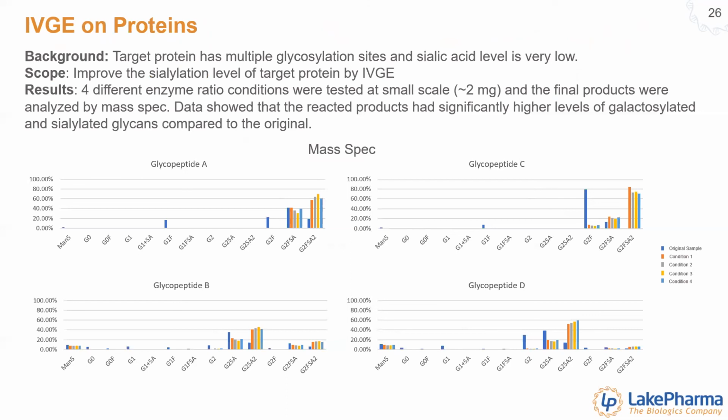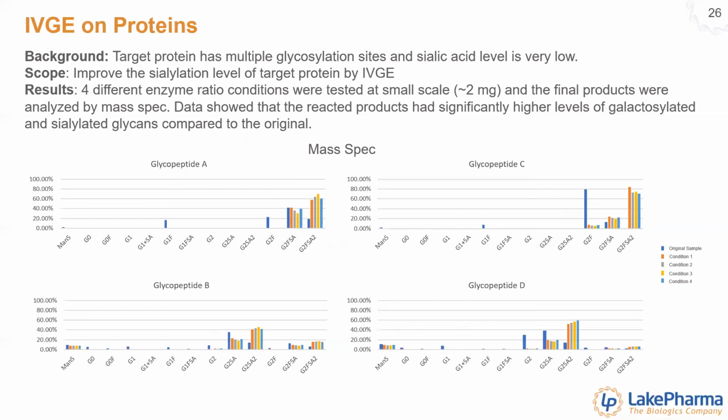But after the IVGE reaction, the resulting species are much clearer. They're either G2FSA or G2FSA2. So with this peptide, the IVGE enriched the sialic acid content and made the species cleaner. Instead of 4 major species, now we're looking at 2 major species.